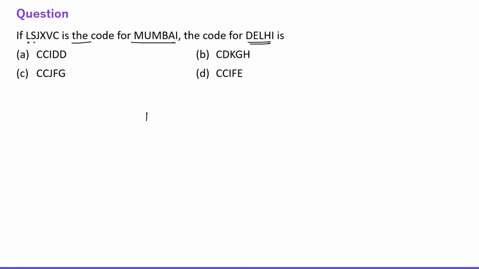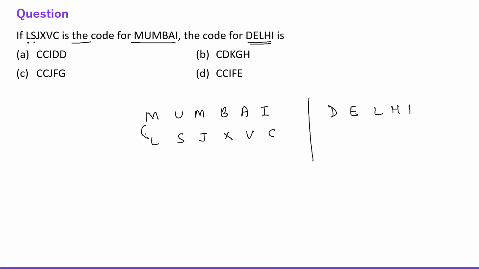Alright, Mumbai is coded as LSJXVC, and we need to find the code for Delhi in a similar manner. Everyone, here we need to find a pattern in the coding. So M, L, how are M and L related?